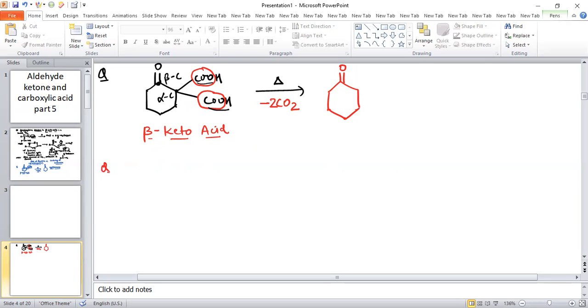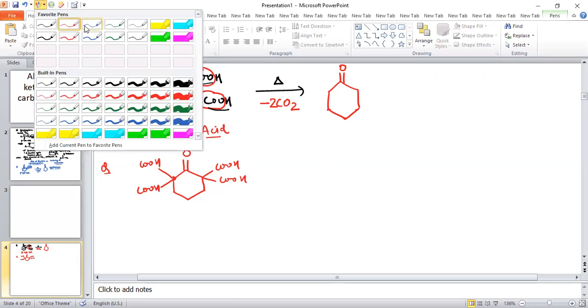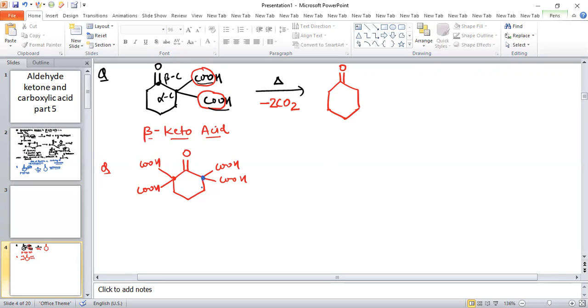Now see another question related to this. If the compound is given like this, this is the ketonic group and this is COOH again and this is also COOH and this is also COOH and this is also COOH. You can easily say this is the alpha carbon, this is the beta carbon and this is the alpha carbon.